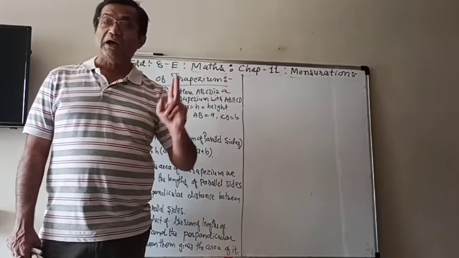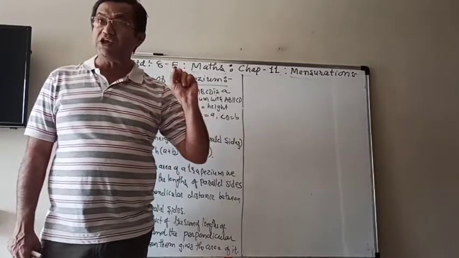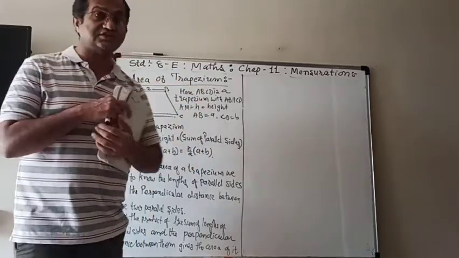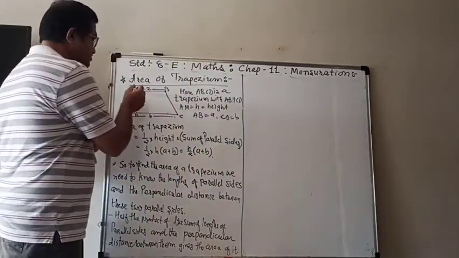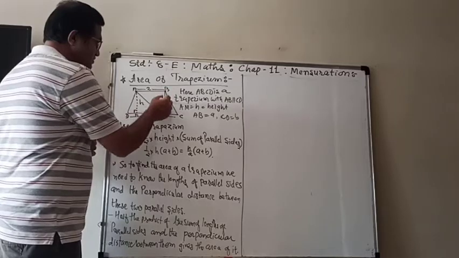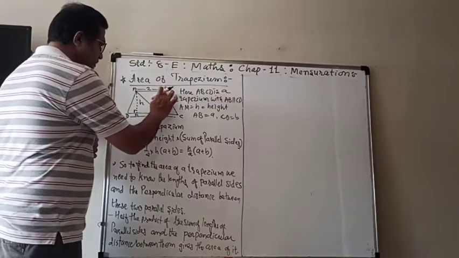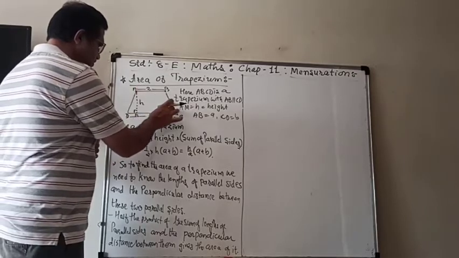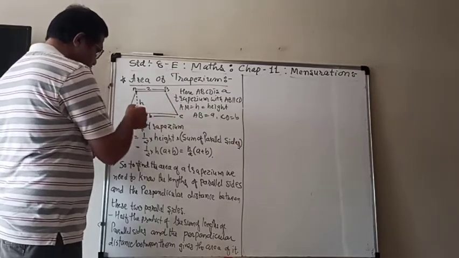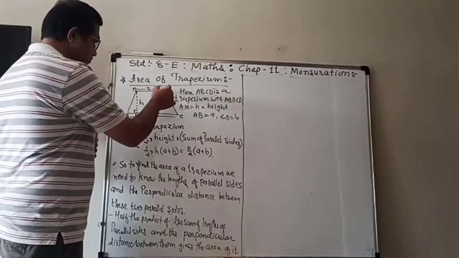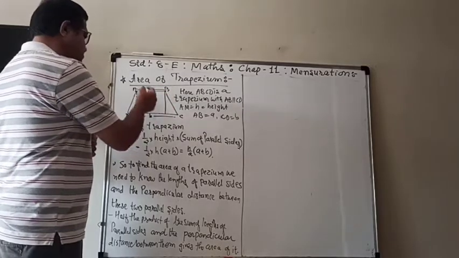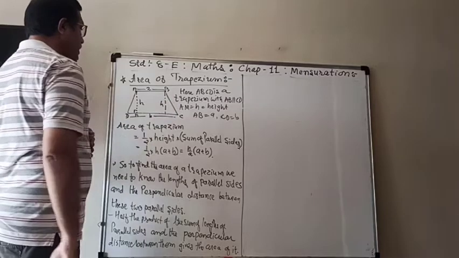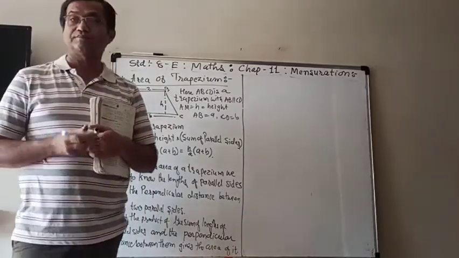Second thing, the perpendicular distance between these two lines. Not any distance. It must be the perpendicular distance, because that is the shortest distance. So you must draw a perpendicular from either end, the result will be the same.